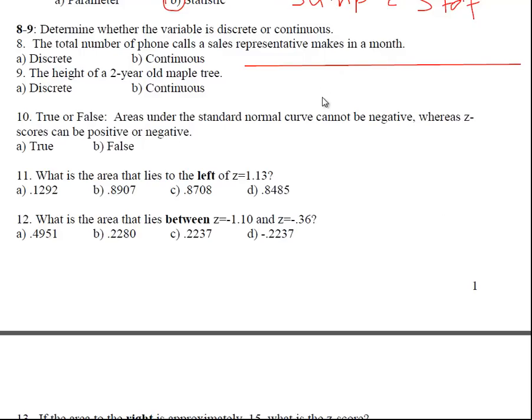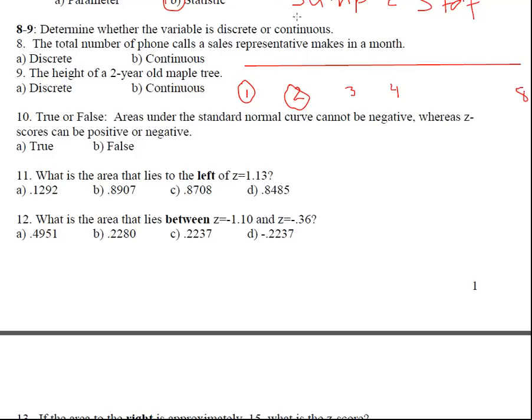So maybe you have 1 or 2 or 3 or 4, but you can't have something in between a 1 and a 2, or in between a 2 and a 3. A discrete variable is limited to occur on the integers, 1, 2, 3, 4, and so forth.